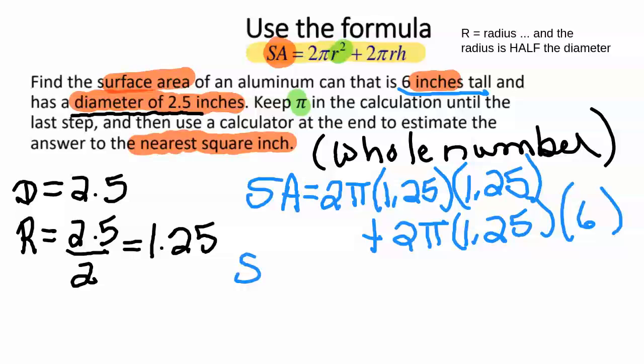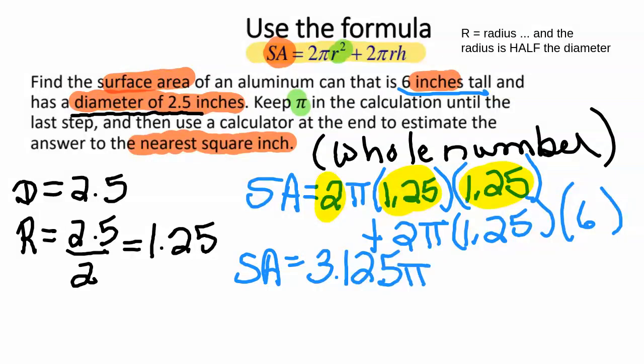Now, to begin, take all of the numbers. The 2, 1.25, and 1.25, and multiply them together. Now, this will give me 3.125 pi. These are all of the yellow numbers.